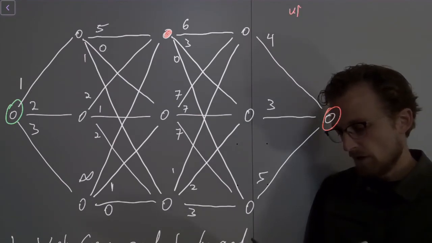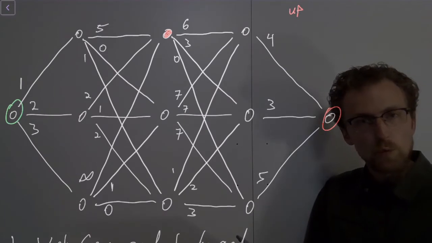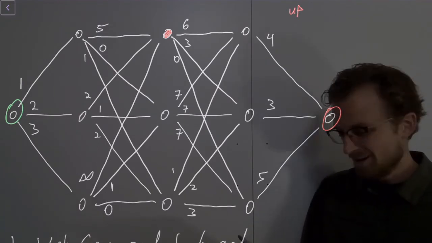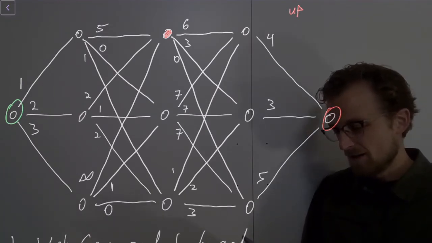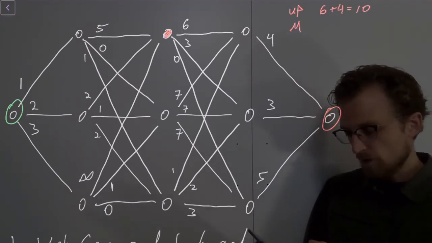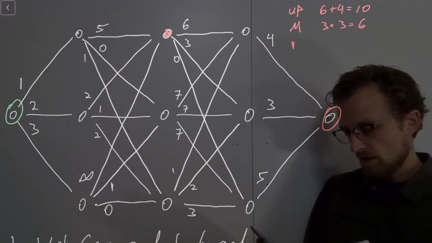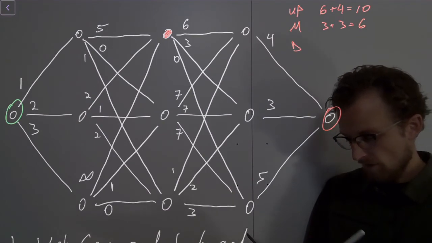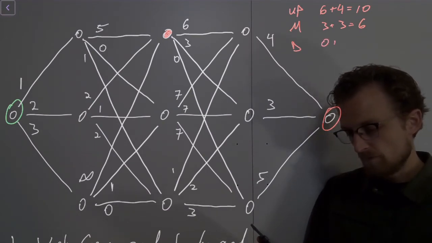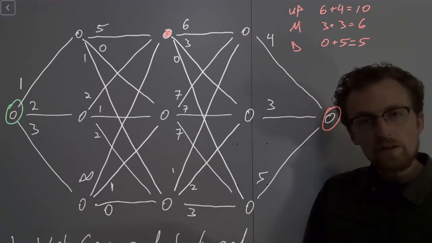Let me write down the costs of each of those choices. Up has a cost of 6 plus 4, because I have to incorporate the terminal cost here, so that is 10. Middle has a cost of 3 plus 3, which is 6. And down has a cost of 0 plus 5, which is 5. So what is the optimal cost to go?